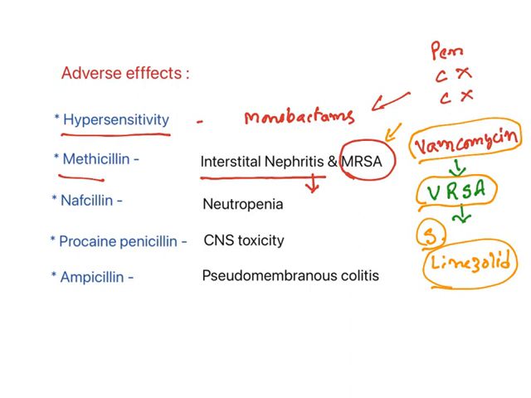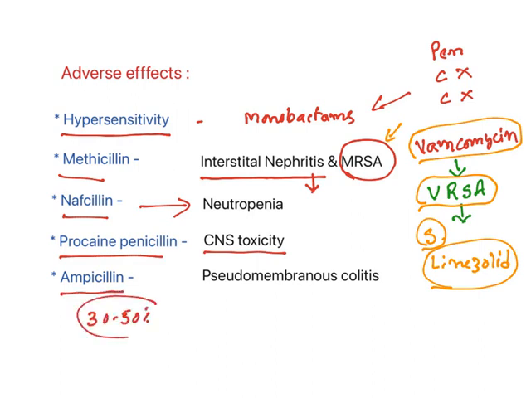Now, next one, the nafcillin adverse effect is neutropenia. Procaine penicillin may cause CNS toxicity. Now, ampicillin, we have seen it has very low oral absorption. So, the remaining drug will stay in the intestine, reach the colon, and all the colon organisms will die because of this antibacterial activity. But there is a problem with this one.